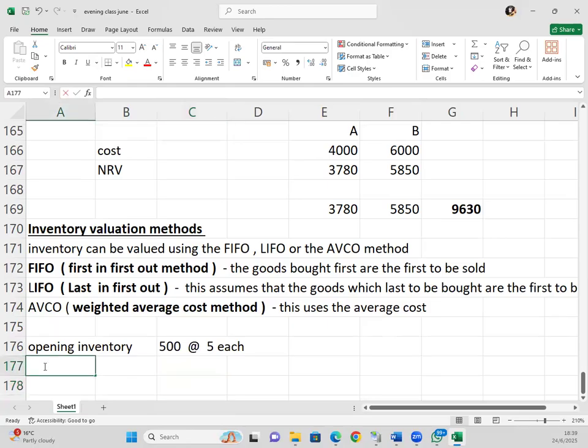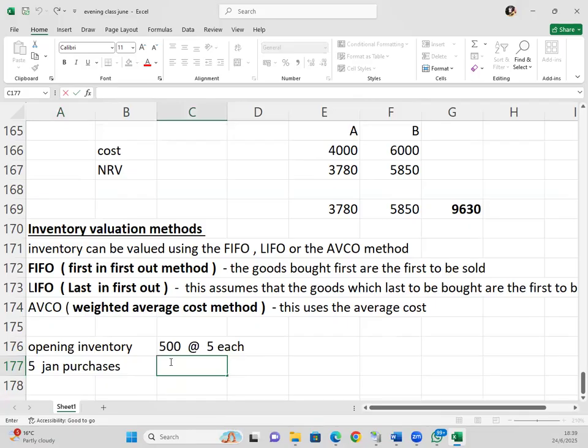Then on 5 January, you made purchases. You bought 600 units.